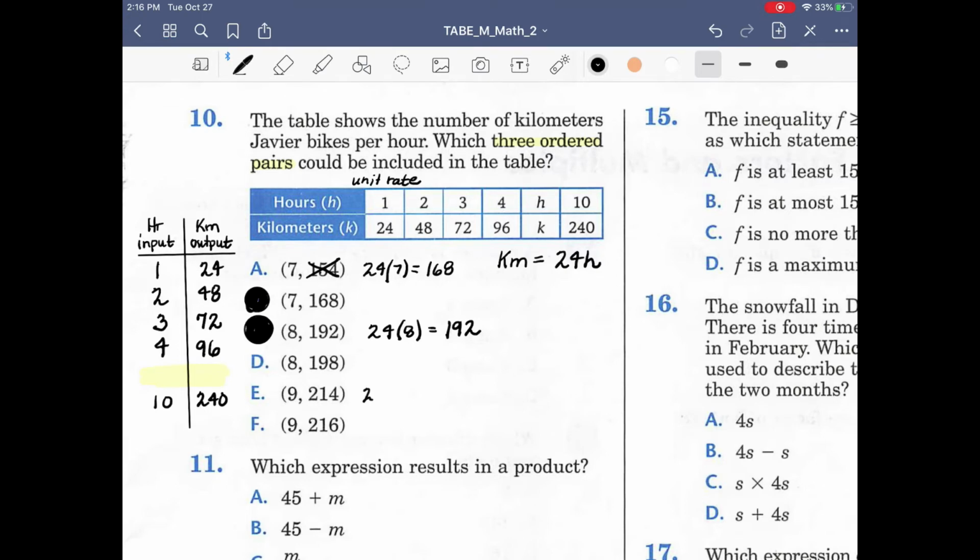And then 24 times 9 on your calculator is 216. So we want to use F. So those three are the possible fits for the table.